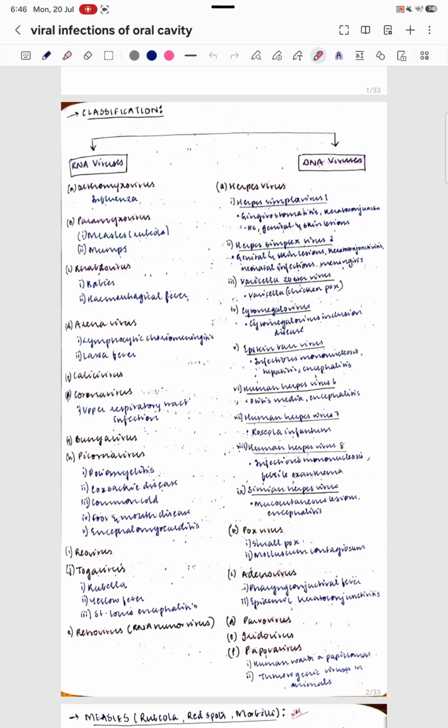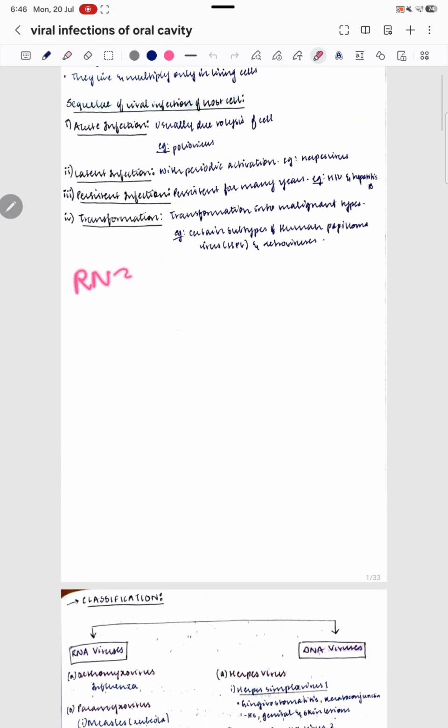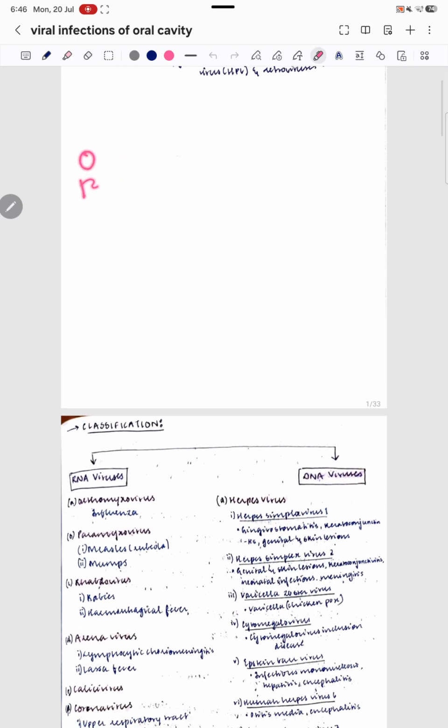So I would suggest you write down RNA virus and DNA virus, and then remember that in DNA you have herpes simplex virus 1 and 2, and in RNA virus you have orthomyxovirus, paramyxovirus, and rhabdovirus.